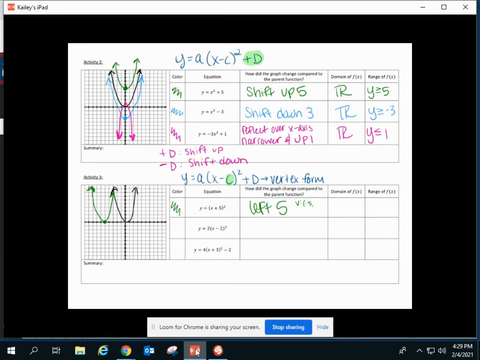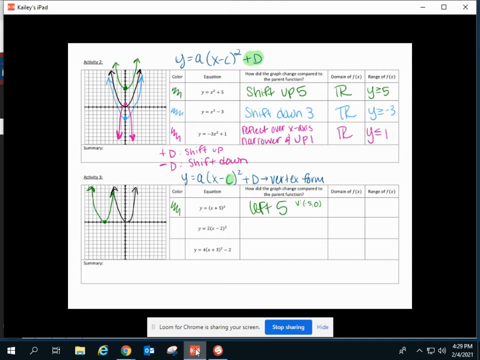But guess what? There's nothing there. So that means it's a 0. So using vertex form, we could also complete this transformation because it did exactly what we thought it would, move to the left 5. Or it moved our vertex to -5, 0.